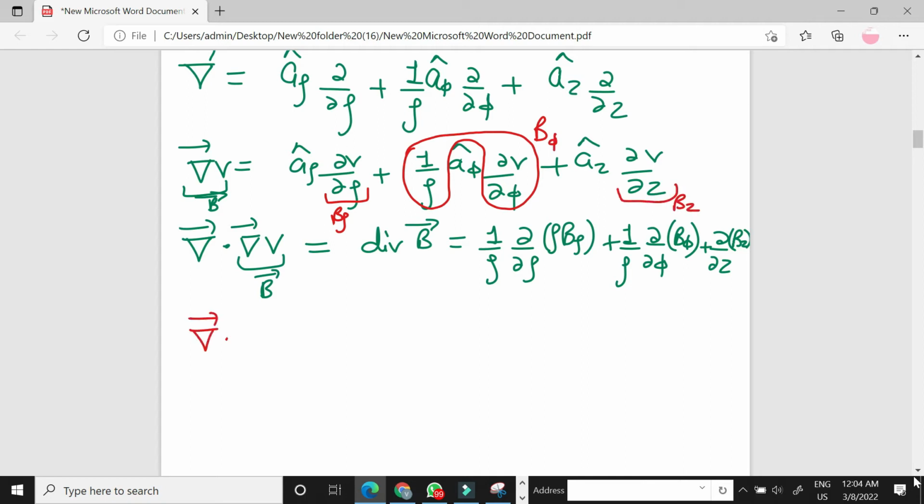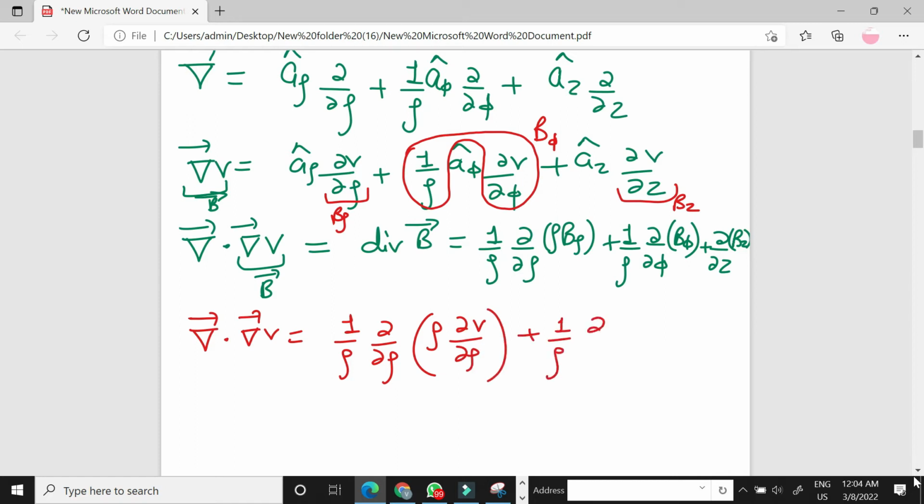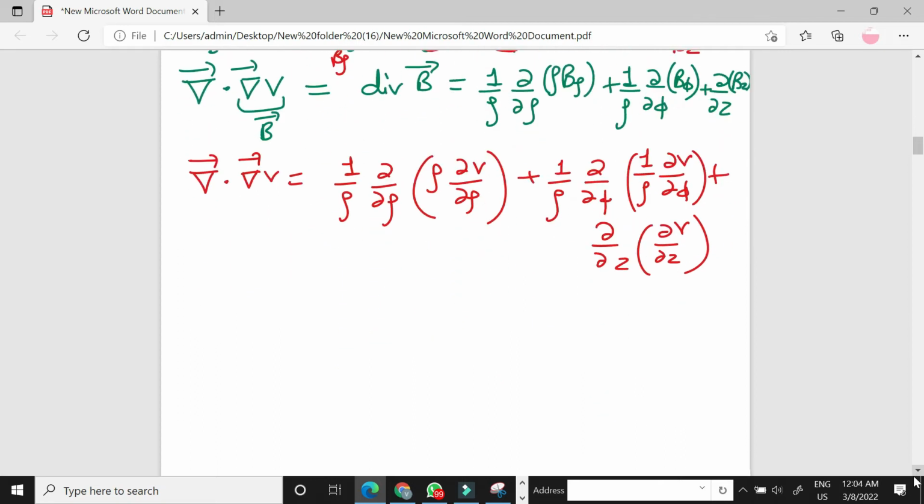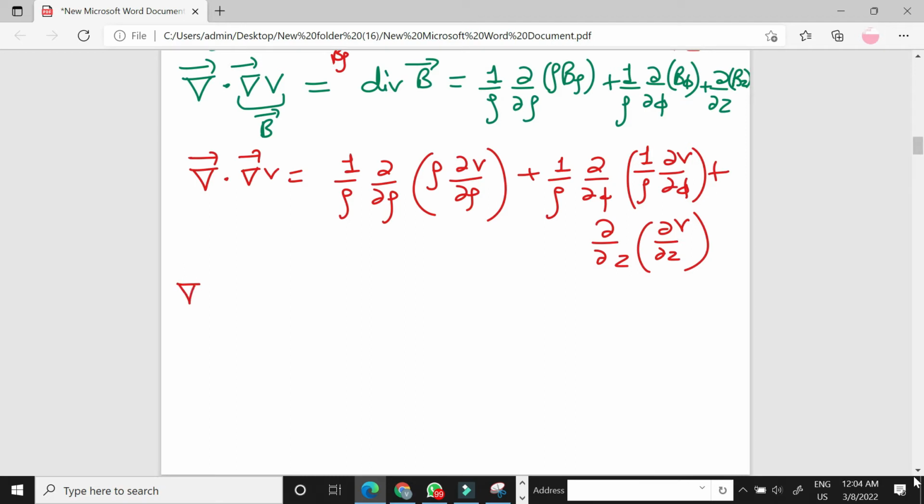So this is the Poisson equation in circular cylindrical.